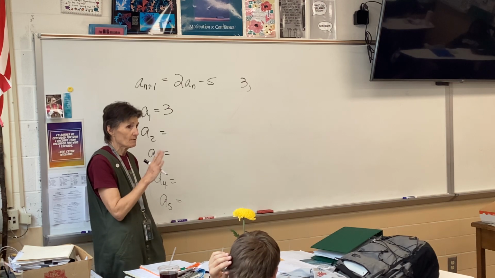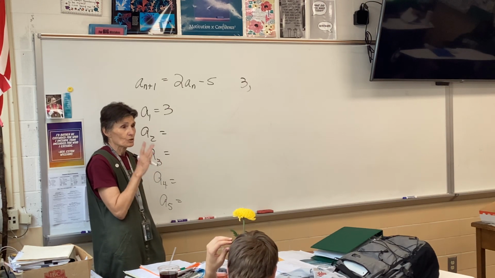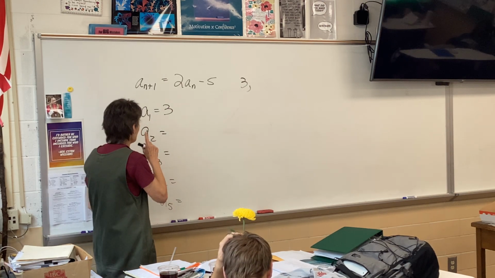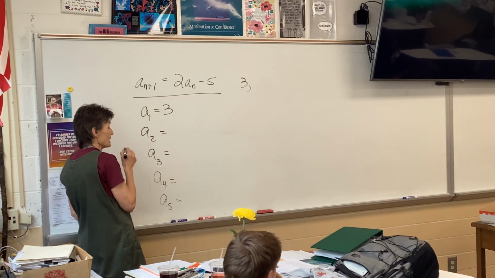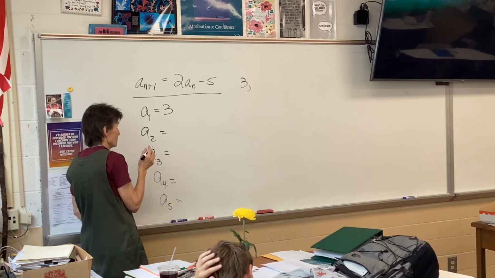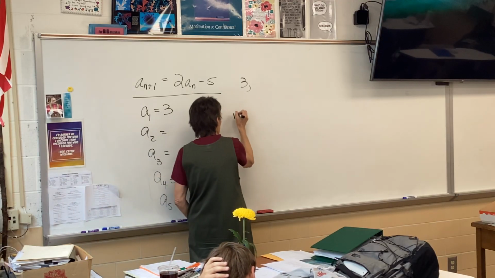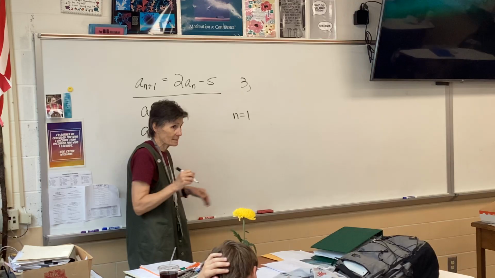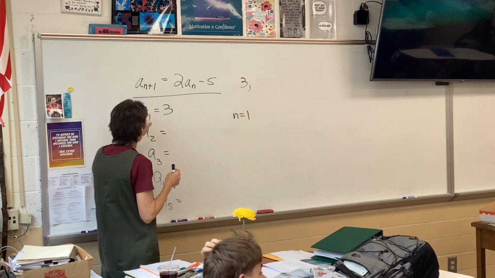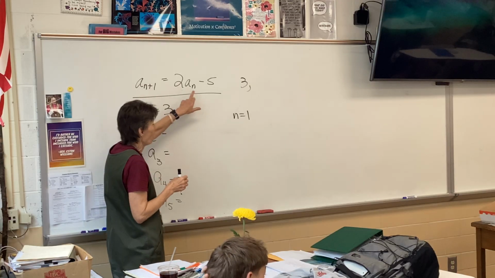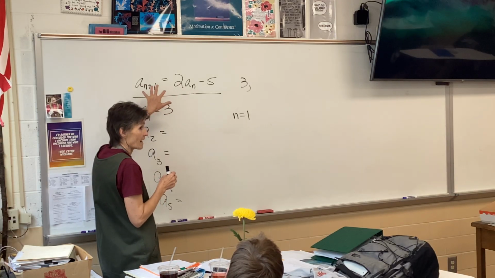This is not difficult. Here's my formula. I'm going to start by letting n be 1, and it makes sense to let n be 1 because that's our first counting number. So if I put in a 1 for all the n's, what does that equation say?